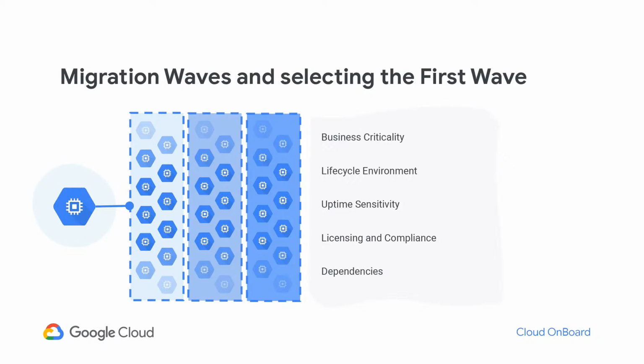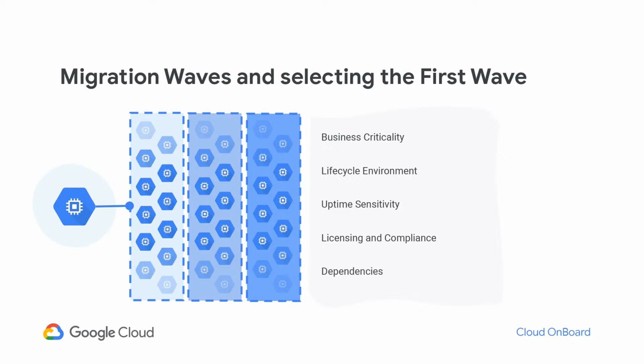So a migration wave is basically a mechanism of organizing the systems you want to move into batches, to make your migration strategy more manageable. One of the most important considerations when choosing systems for a first wave is to focus on the business criticality of the individual workload.